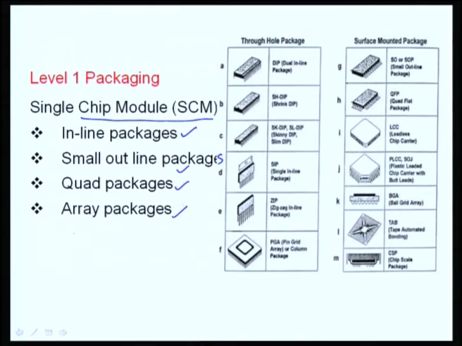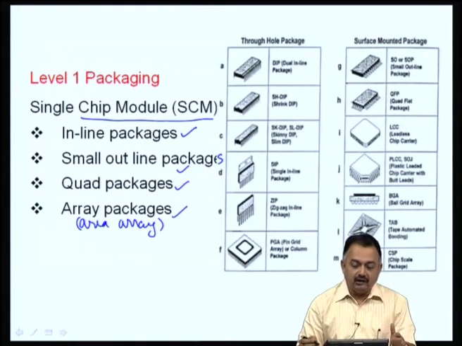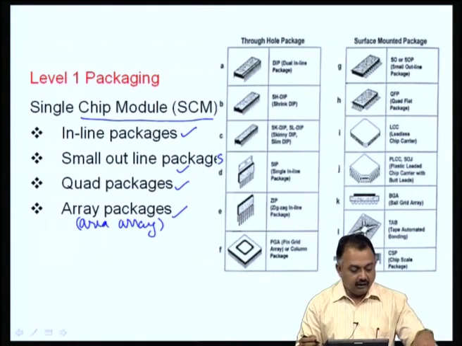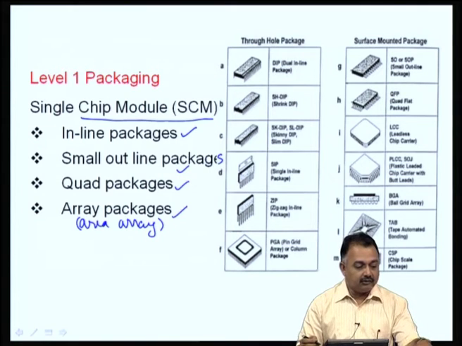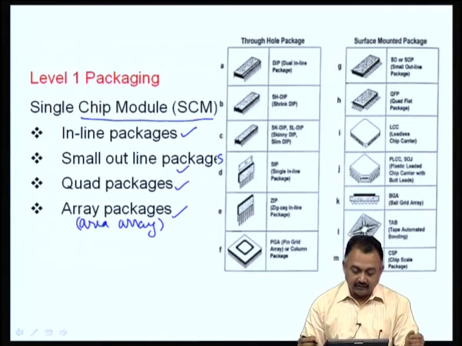There is also another term called area array packages, which is the same as array packages. We will carefully see what each one means, and I would like to exhibit some more samples today, or probably the same samples that I showed in the previous hour, so that you can refresh and really understand what I am talking about.